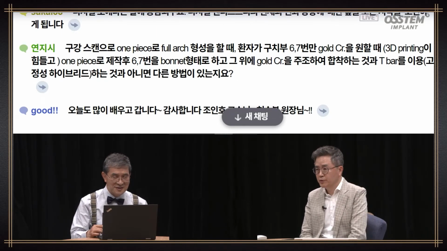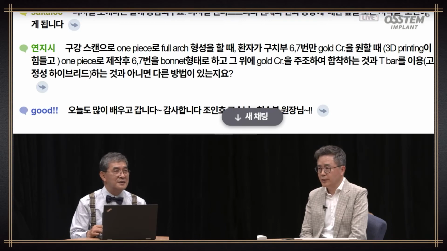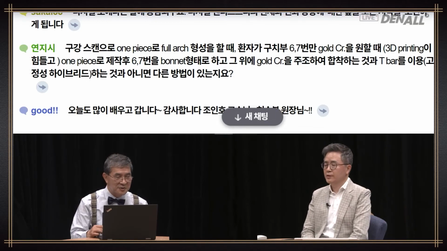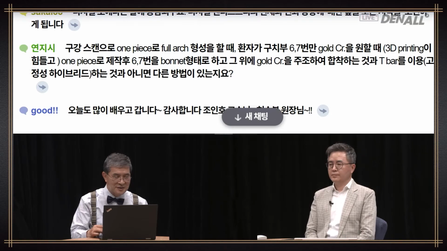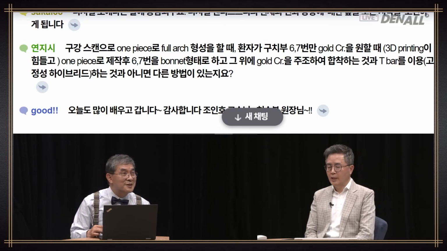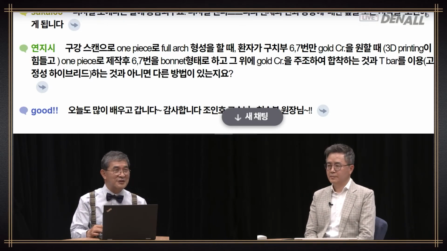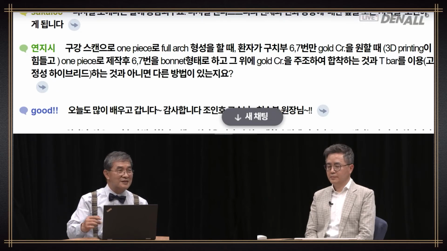What I want to say is that this field is not something that I do excellently. If you want, I can ask a lot of outstanding doctors and get answers for you. For your information, Dr. Ha is Vice President at the Korean Academy of Digitalized Dentistry, so I think he will be able to provide a great answer.